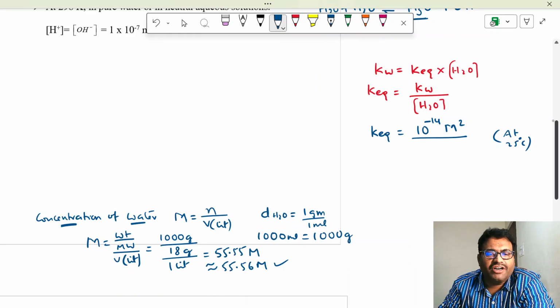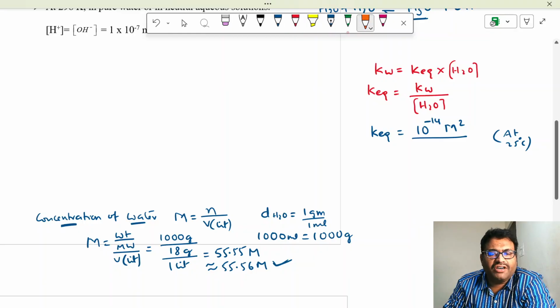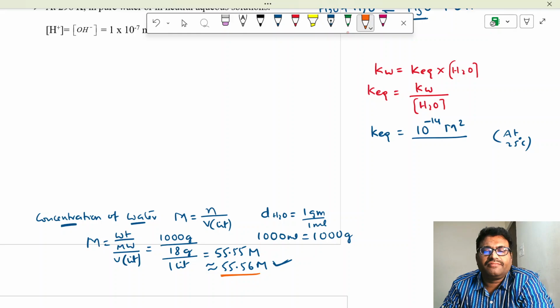And the concentration of water we have discussed before. What is it? 55.56 or 55.5555? Let me take it as approximately that.